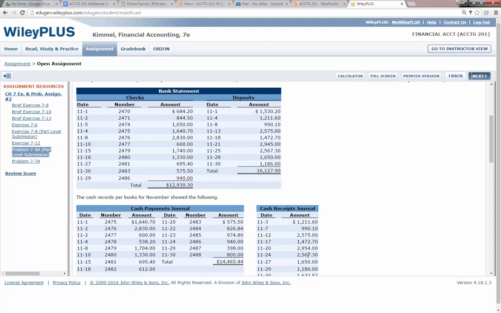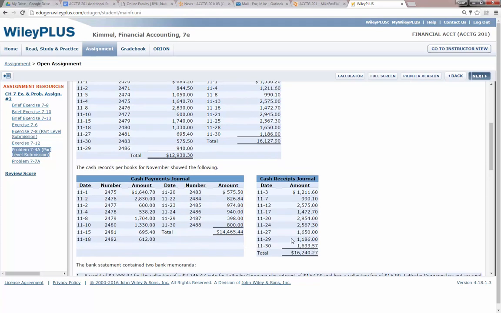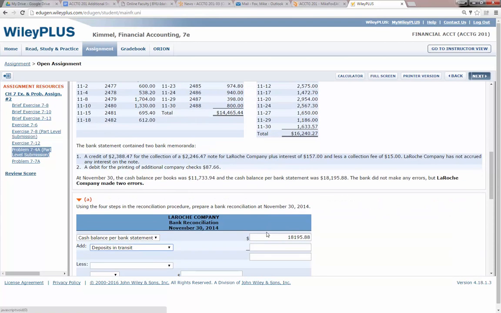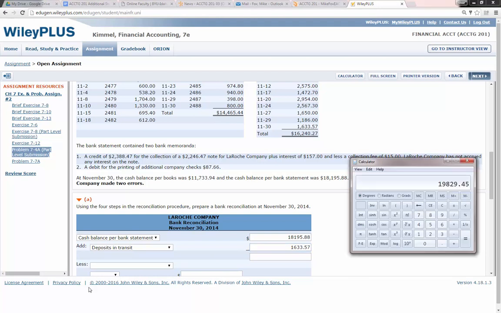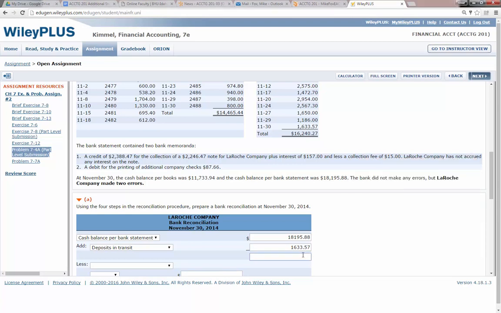And we'll see that they all match up except for the very last one of $1,633.57, which is not showing up yet on the bank statement. So that's our deposit in transit. So we'll add that $1,633.57, and then we will add up the two, which I already did, which is $19,829.45.